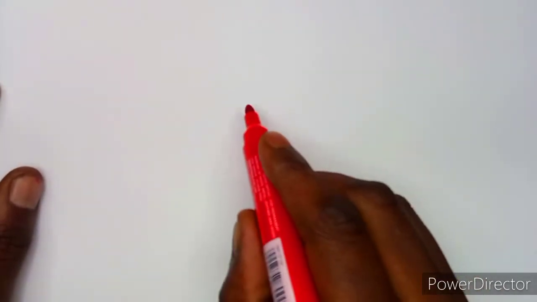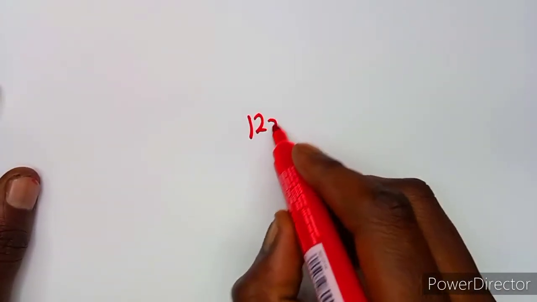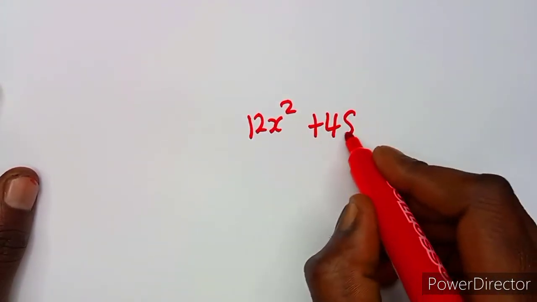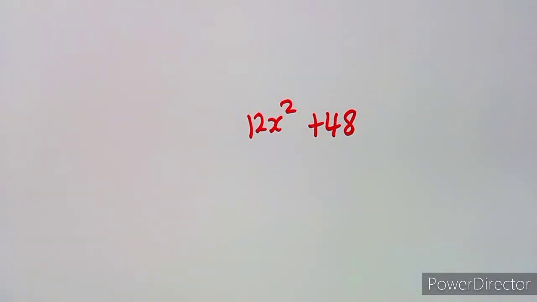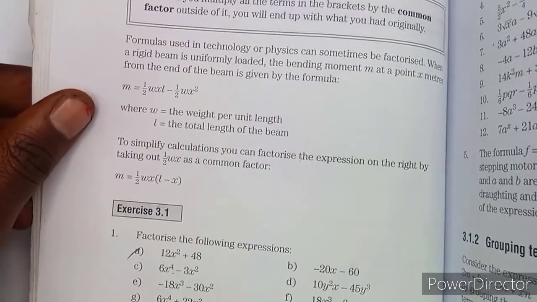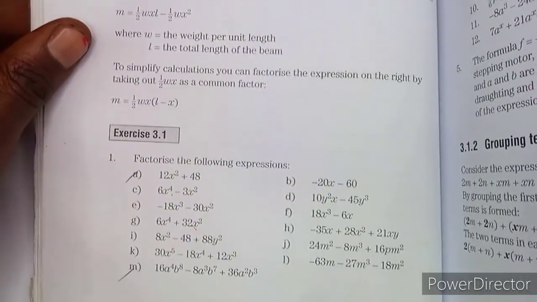Like let's just take an example of this one. We want to factorize 12x squared plus 48. As we have on this, I don't know if it is going to be clear, but we've got a lot of questions there if we are to cross check on this part here.